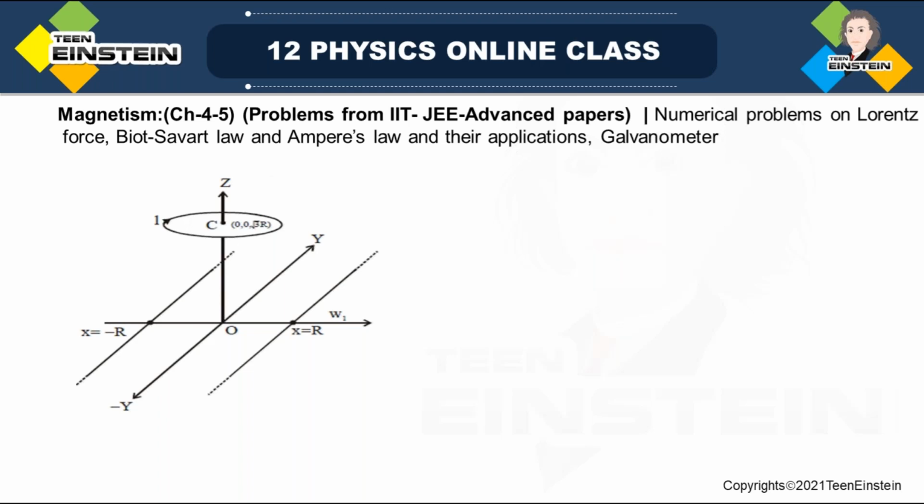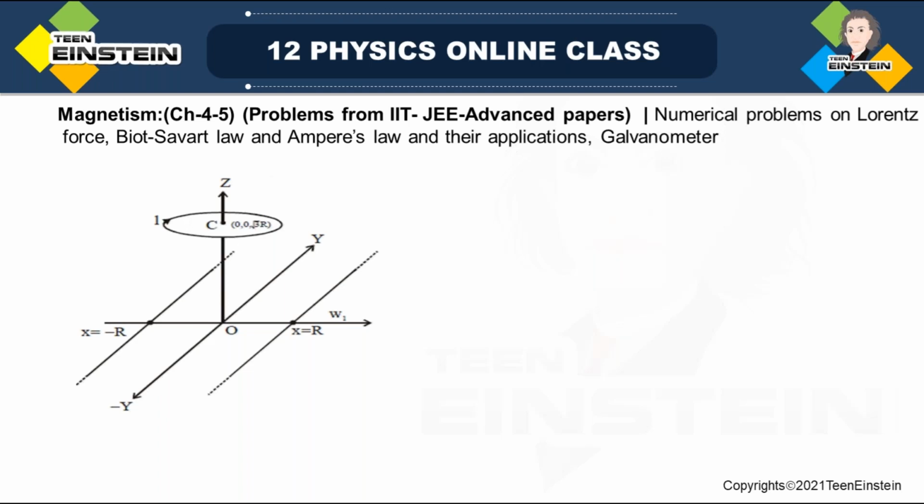The loop carries a constant current I, and the current is flowing in the loop in the counterclockwise direction as seen from above the loop. The current in the wire is taken to be positive if it is in the positive j direction. Which of the following statements regarding the magnetic field is or are true?